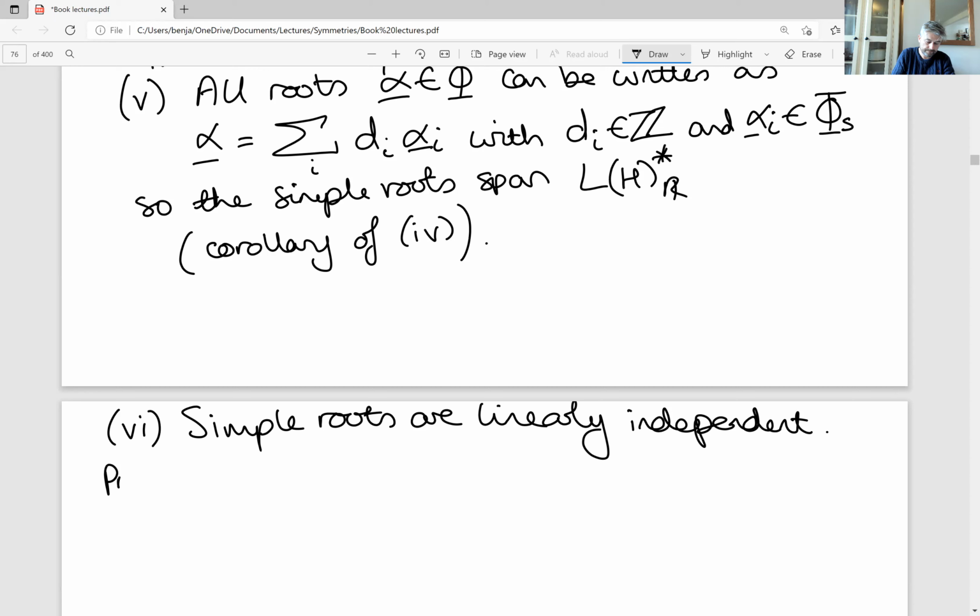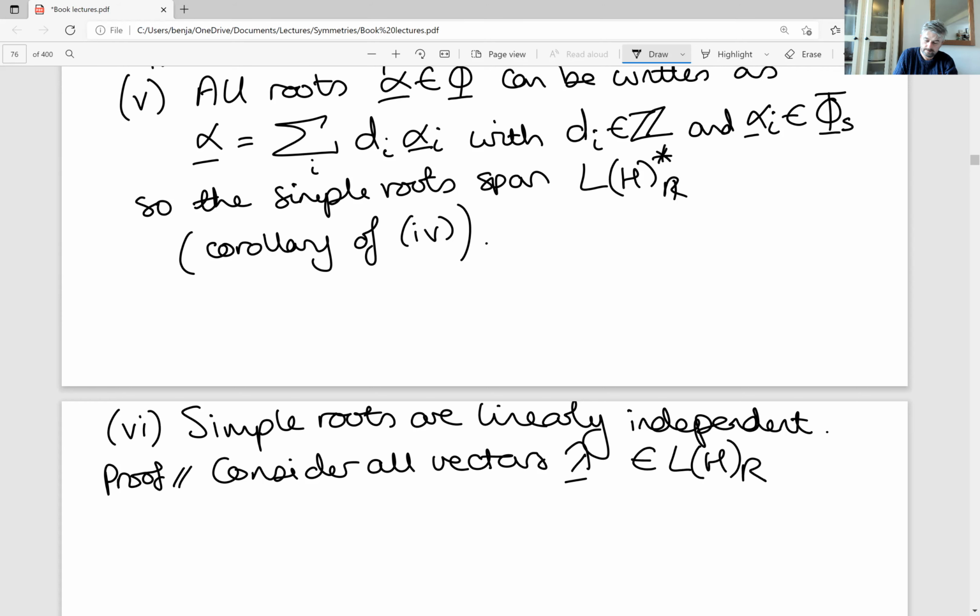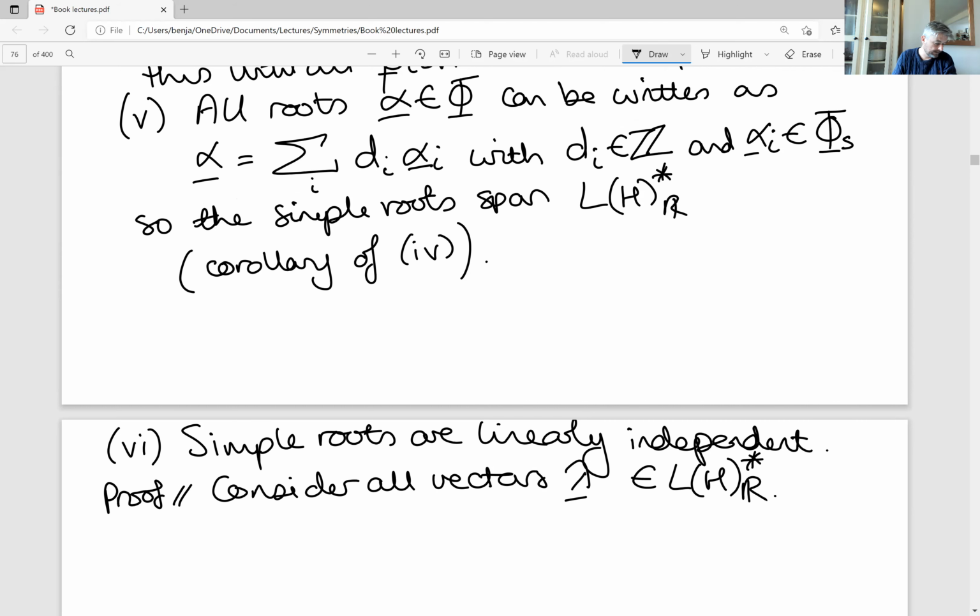So for this, let's consider all vectors in our dual space to the Cartan subalgebra. Okay, so now we use property 5.